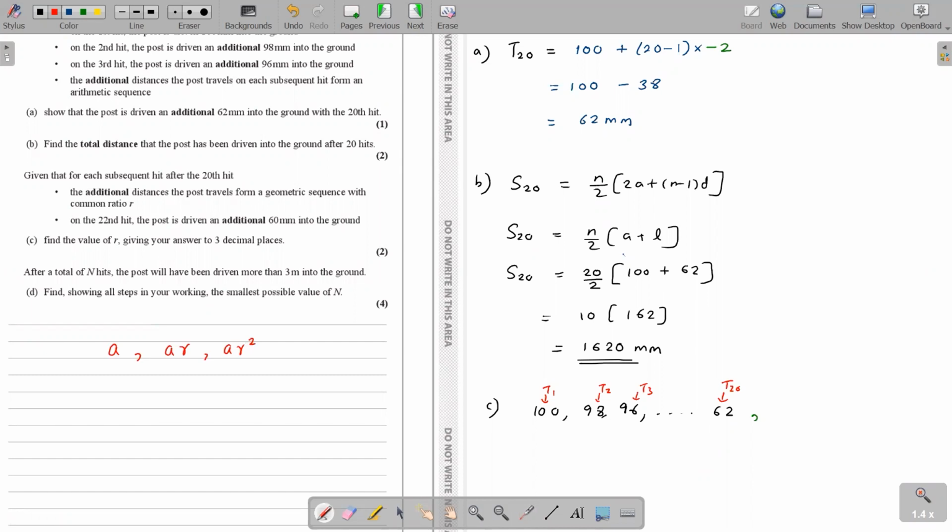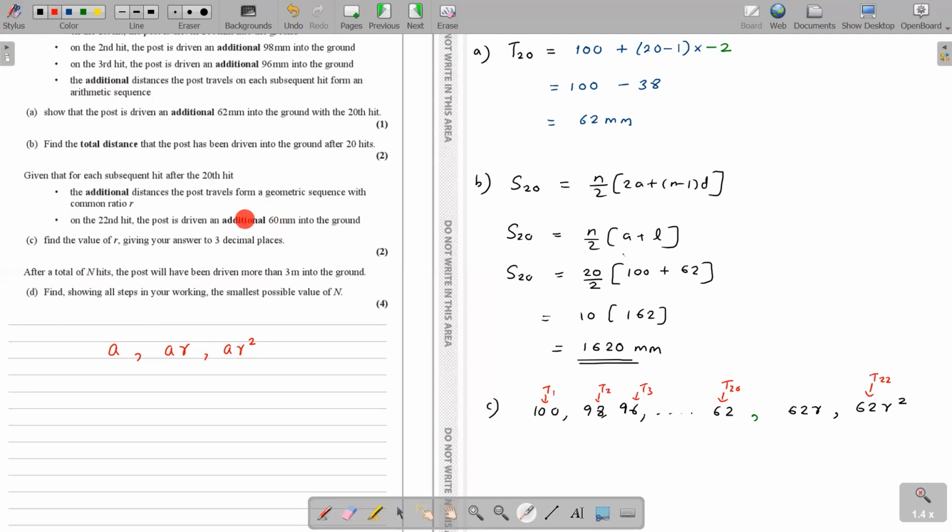So after 62, the next term is geometric with common ratio R, which means what's the 21st term? 62R. This is the 21st term. What's the 22nd term? 62R square, because you have to keep multiplying by R to get the next term. That's how geometric works. So this is term 22. And they say on the 22nd hit, the post is driven an additional 60 millimeters.